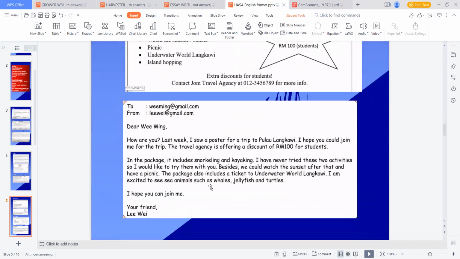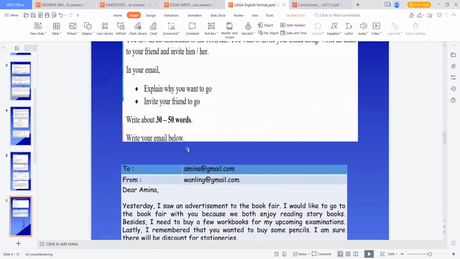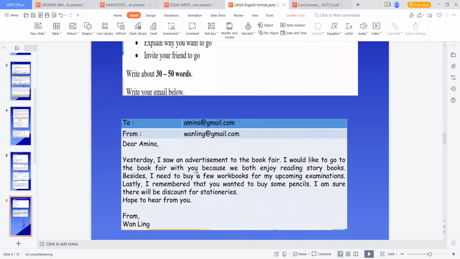All right. Now, for part 6, Year 5 to 6, the writing is longer and the vocabulary is upgraded, which means you use a higher level of vocab. Now look at the sample here. The sample is slightly longer than the Year 4 students' written work.